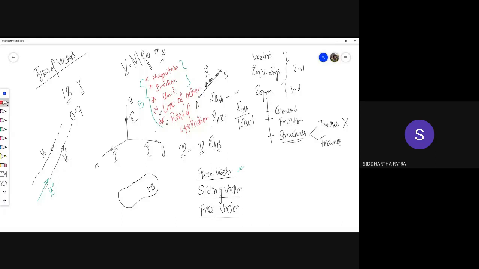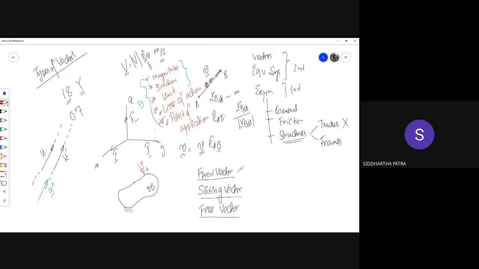Now here I'm applying a force of given magnitude and direction. The effect of the force is, of course, that if it is supported somewhere, it can provide equilibrium.